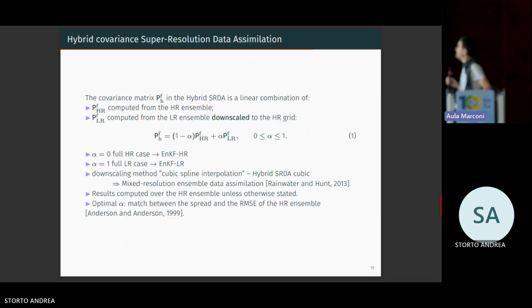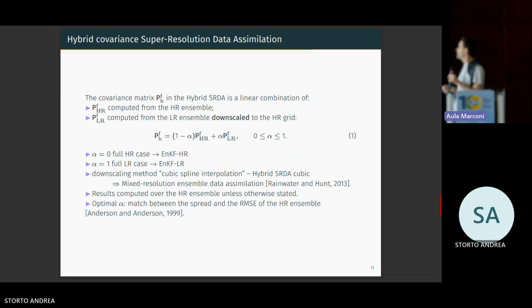As I said, in this case we have a hybrid covariance. This is a linear combination between the covariance matrix computed from the high resolution ensemble and the covariance matrix computed from the low resolution ensemble downscaled to the high resolution grid. This hybrid covariance matrix, which we call P^H, is given by expression 1, where alpha is between 0 and 1.